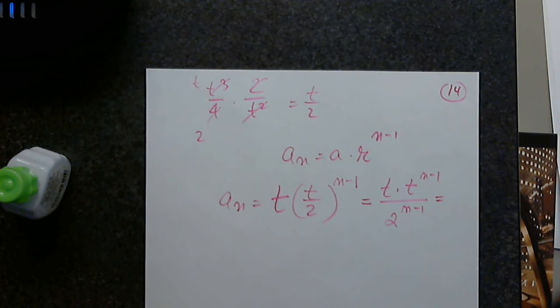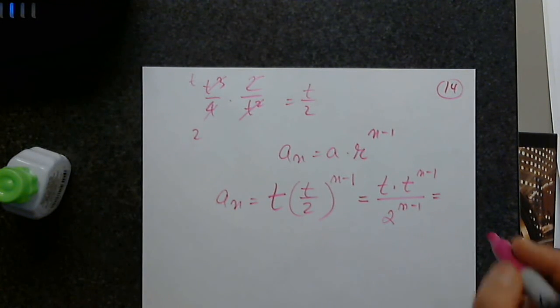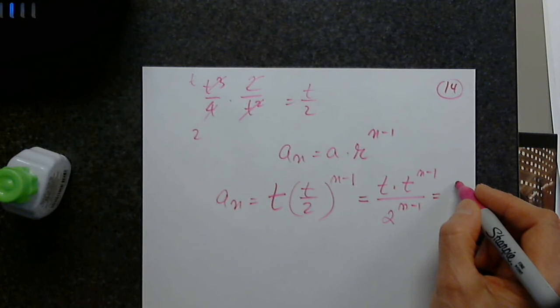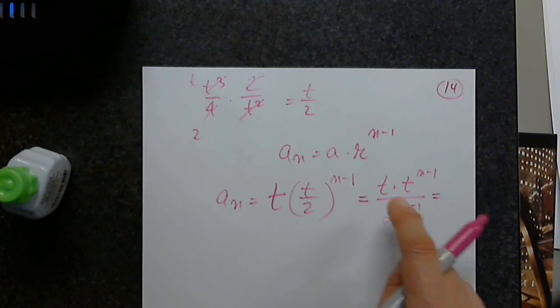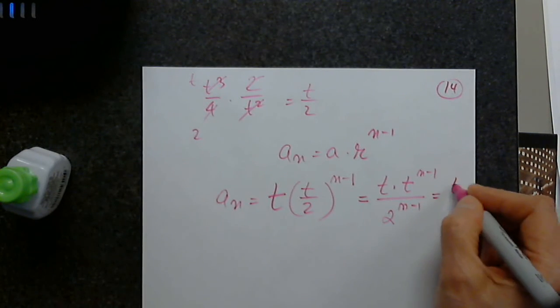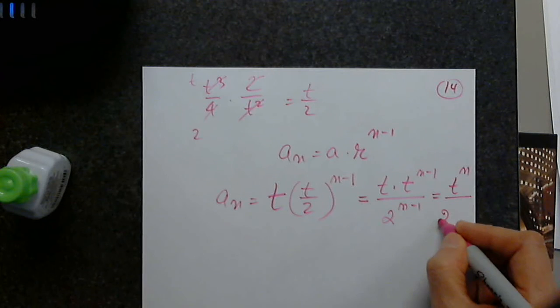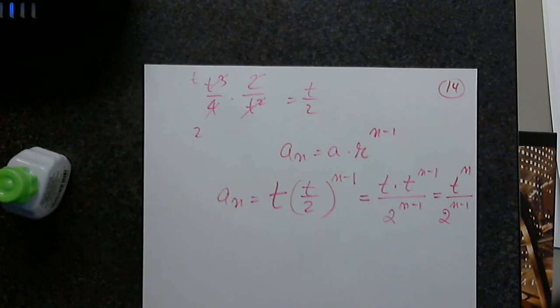The numerator becomes, copy the base, add the exponents, t to the n, divided by 2 to n minus 1. And now I can find a5.